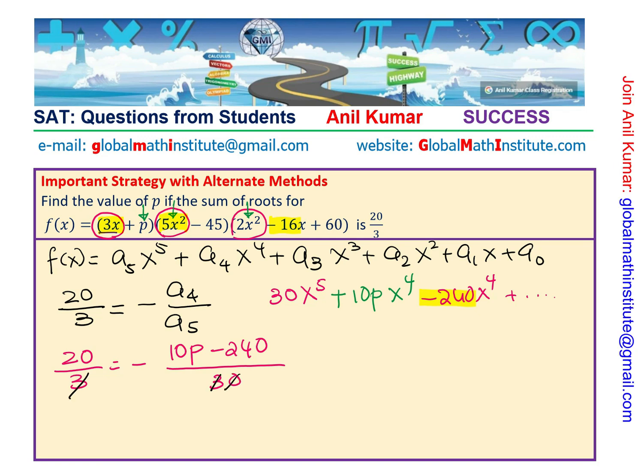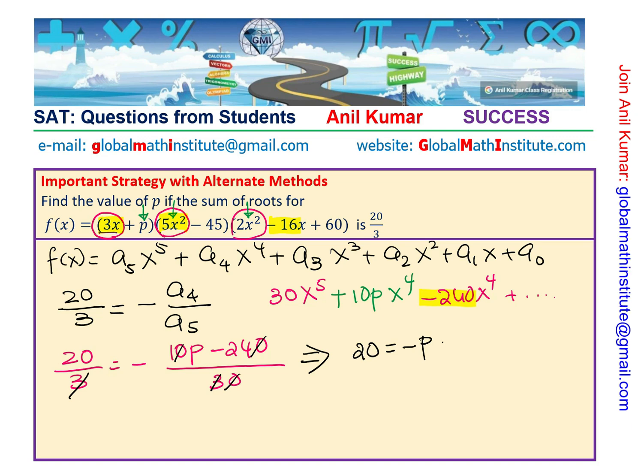And these two get cancelled. And so that gives you an equation 20 equals minus p, we can open the bracket, right? So I'll write this as minus p plus 24. So p is equal to 24 minus 20, which is 4. So we got exactly the same answer.